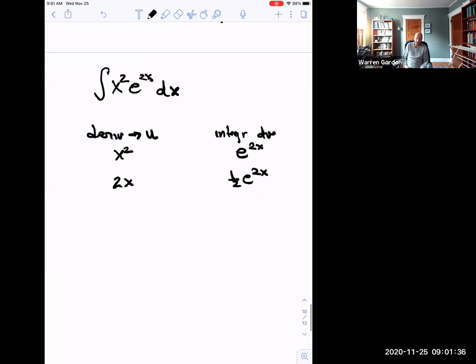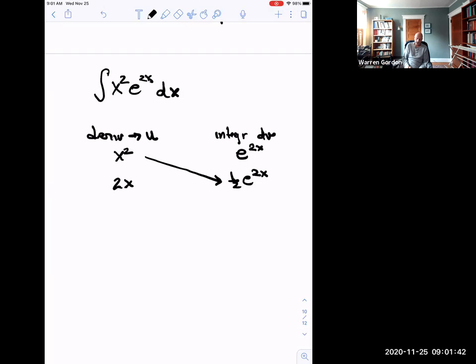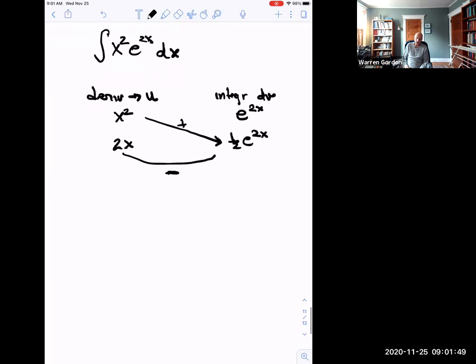Now let me remark, if I stop right now, here's how I would read the answer. I put a plus sign here, and when I go across columns, I would integrate, and I would read the answer as x squared times 1/2 e to the 2x minus the integral of 2x times 1/2 e to the 2x dx.